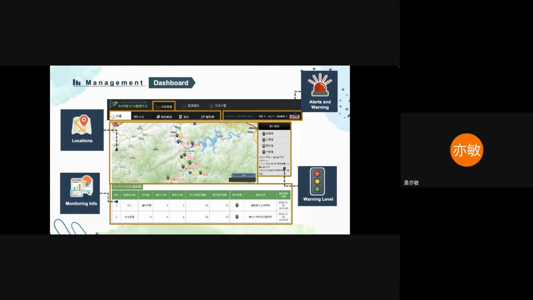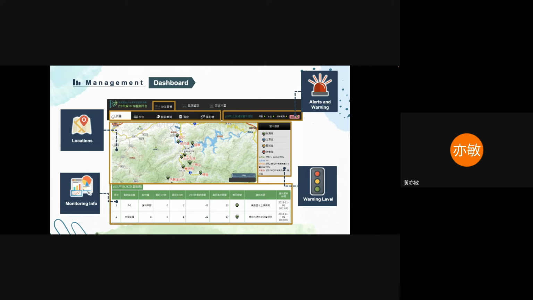You can have your location information. You can have your monitoring data in a real-time manner. And also we set up the algorithm of the disaster response. So we have alerts and warning lights. If it turns from green to yellow or from green to red, meaning something happened on the site, the chairman needs to pay attention to that.